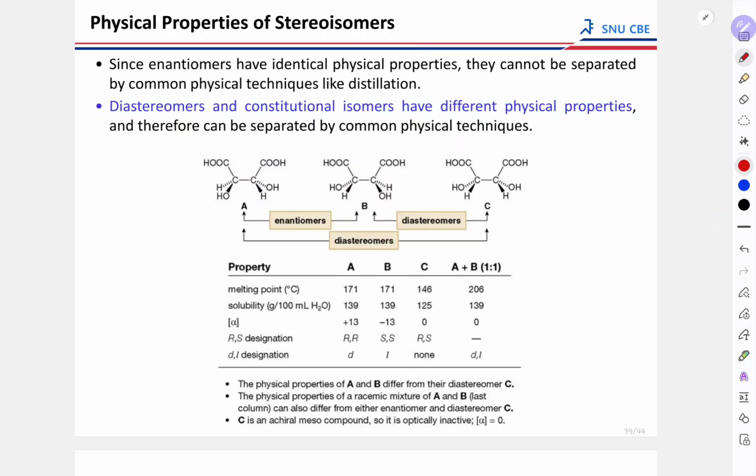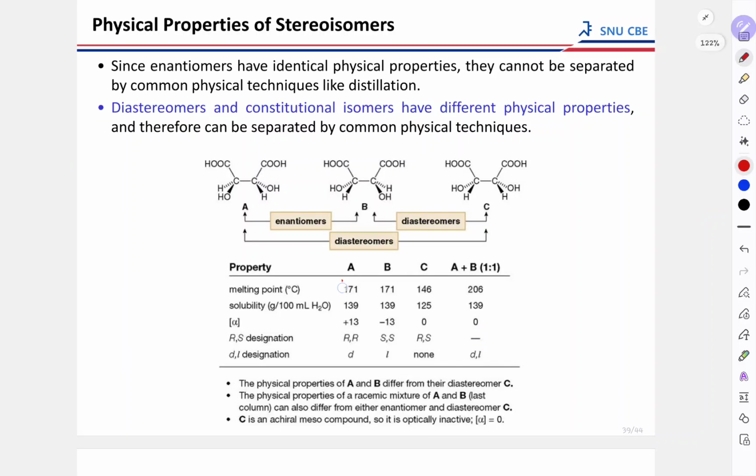Here are the properties. The specific values are given: melting point, solubility, and optical designation. Looking closely at A and B, the melting point and solubility are identical. C has different numbers for melting point and solubilities. What about the racemic mixture?